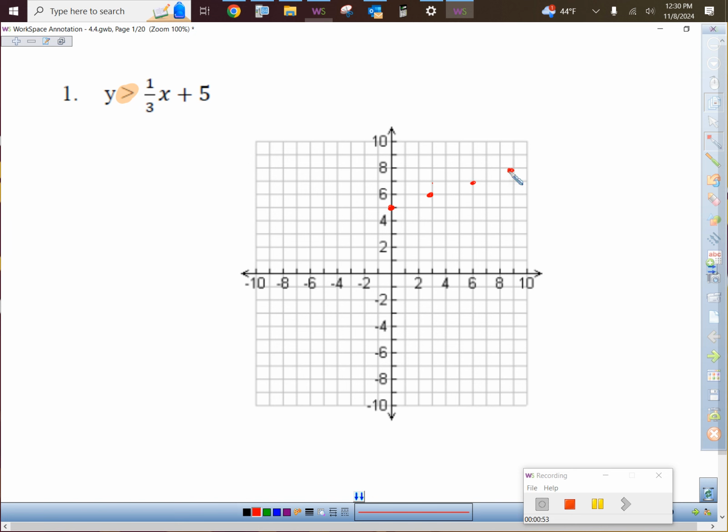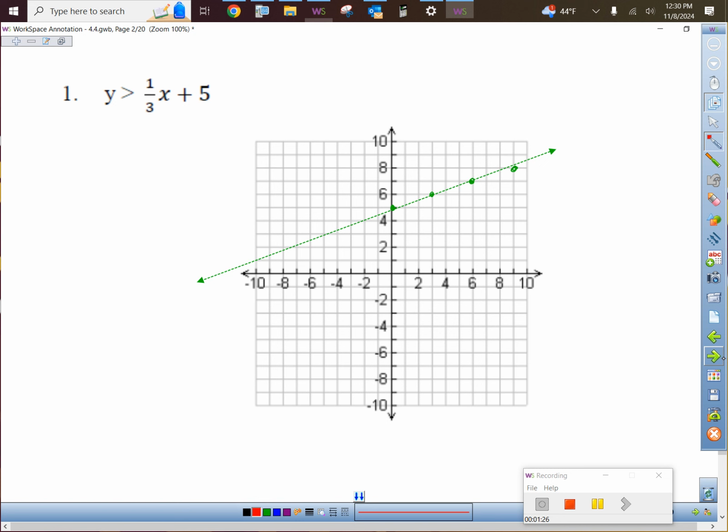Like x had to be greater than 3, so 3 didn't count. This line doesn't count. So to draw that mathematically, you have to make that a dashed line instead of a solid line. That's the same thing as an open dot. It is not a solid line.